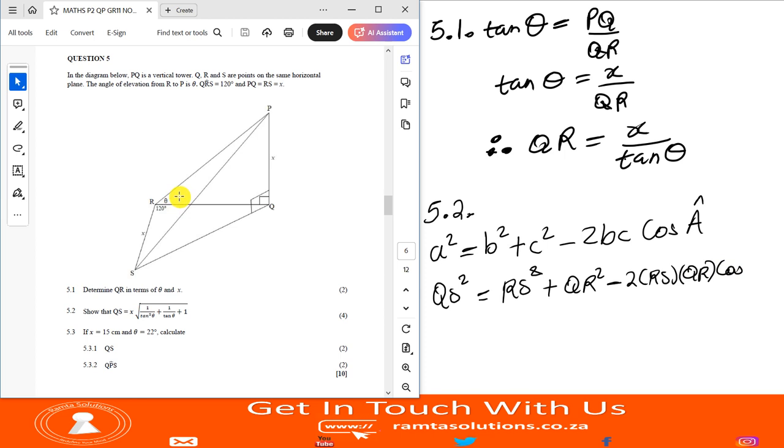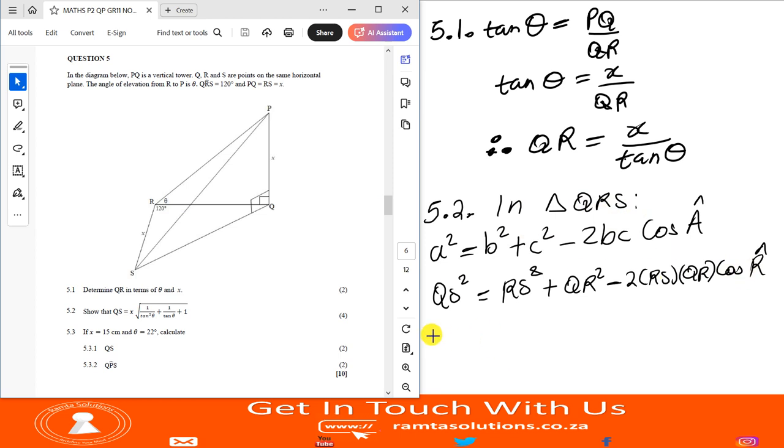Be careful. It will be cos angle QRS. Don't just say cos R, unless you have said in triangle QRS, then I can say angle R. But if you didn't write that statement, you will need to say cos angle QRS. But because I had said this, I don't have to.